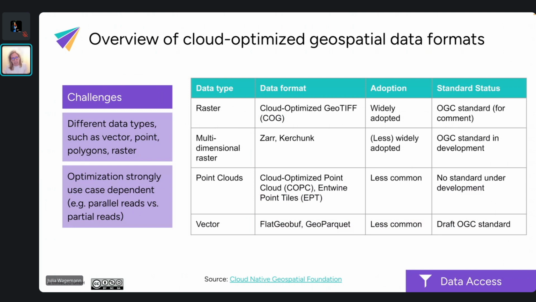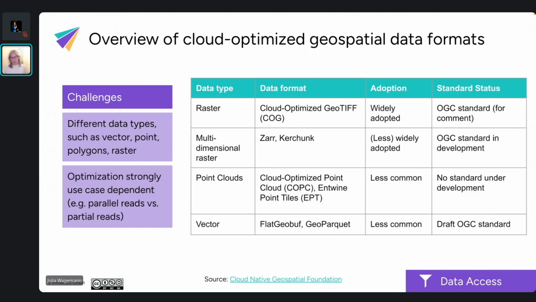There are different data types and different data formats being developed at the moment. As I already said, for raster and multi-dimensional raster, there is cloud optimized GeoTIFF and Zarr, but also for point clouds, there's a format under development at the moment, cloud optimized point cloud. And for vector, one of the formats is GeoParquet.